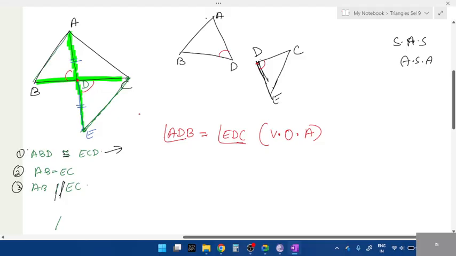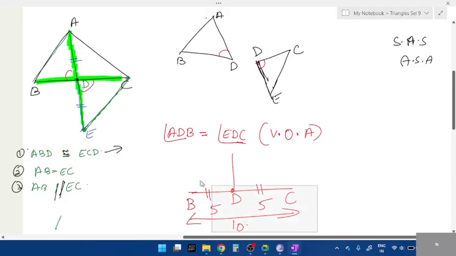Which two sides will be same, students? So what do you mean by midpoint? This entire thing, if it's 10 centimeter, how much is BD and DC? That's the concept of midpoint, right?